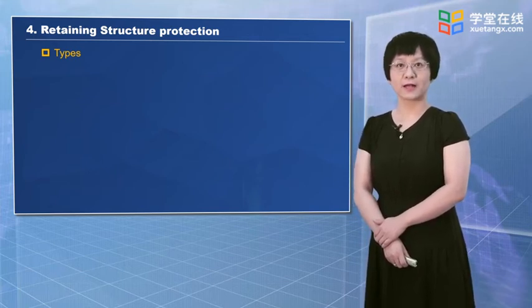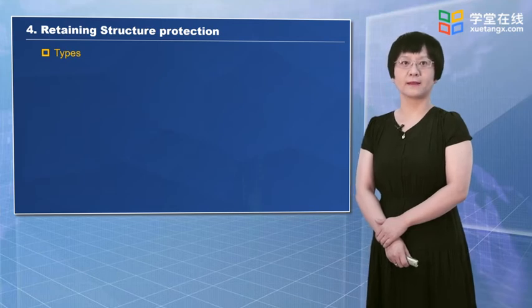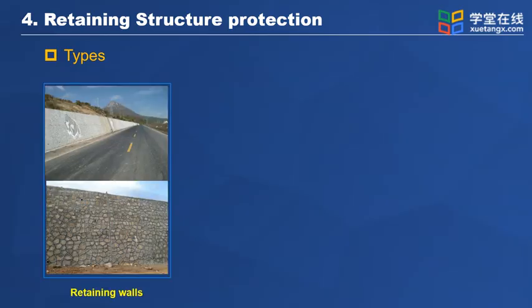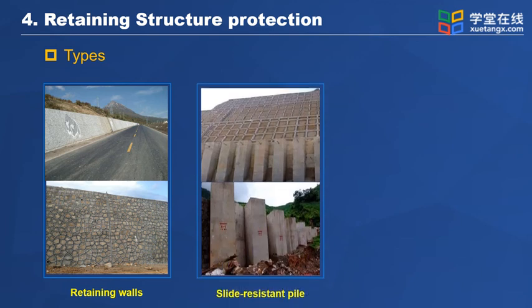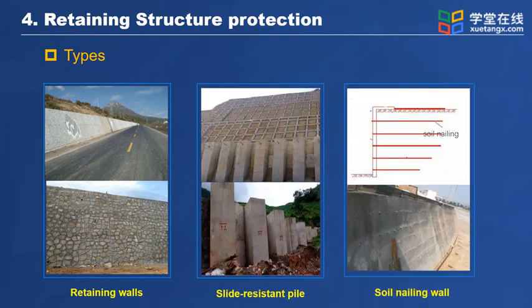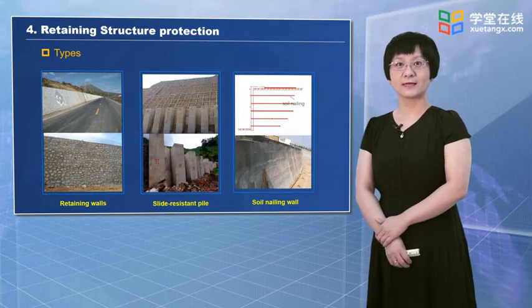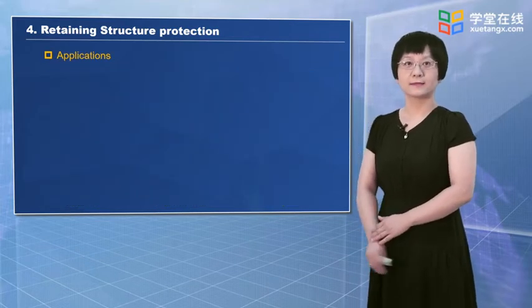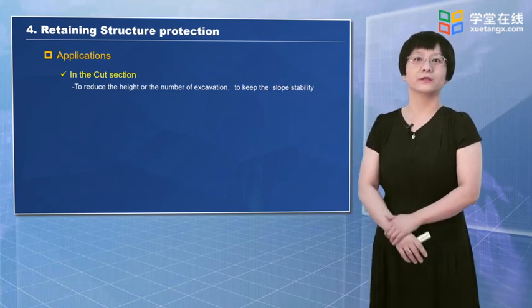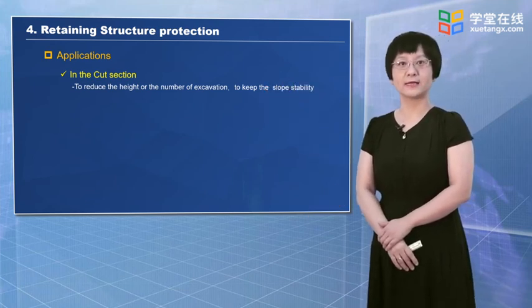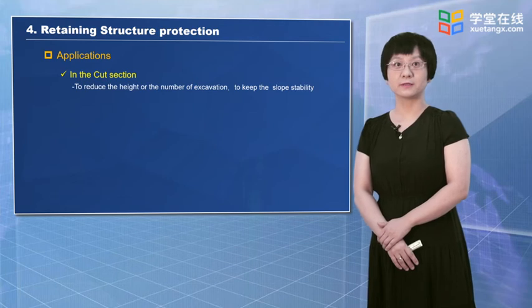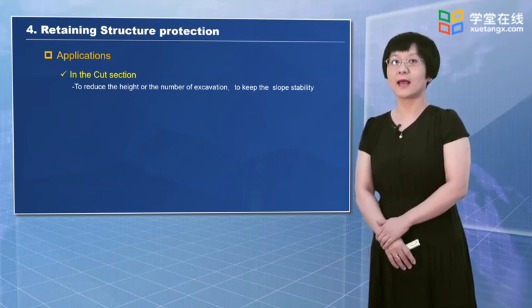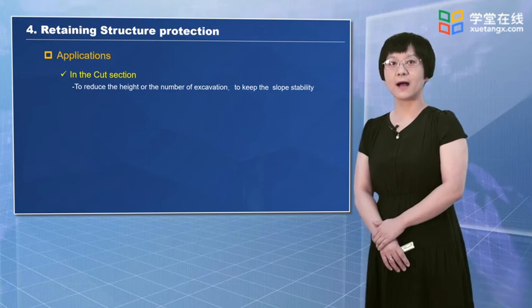The retaining structures include many types, such as retaining wall, slide-resistant pile, and soil nailing wall, etc. Retaining structure is mainly used for following occasions. In the cut section, to reduce the height of the excavation slope, to reduce the amount of excavation, and to avoid the instability and collapse of the mountain.